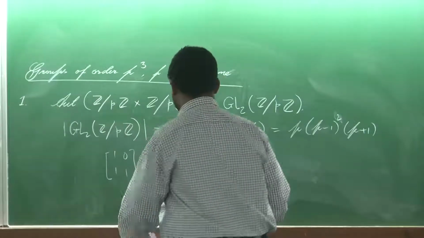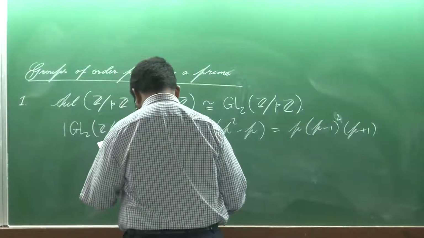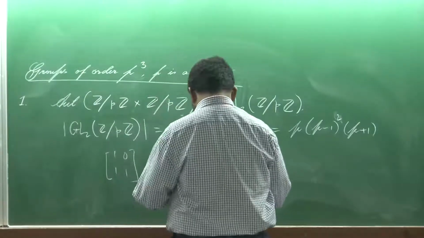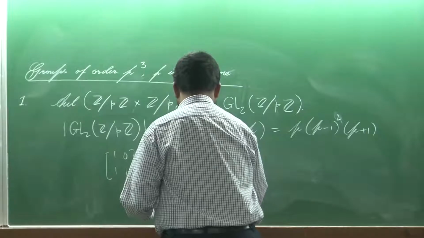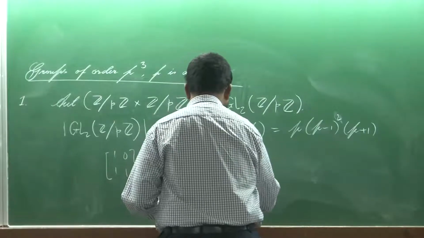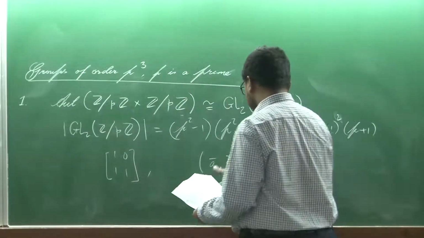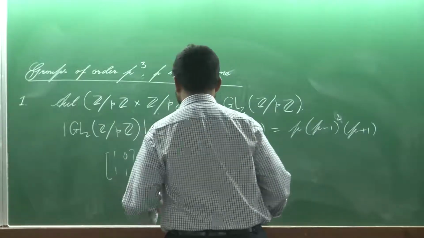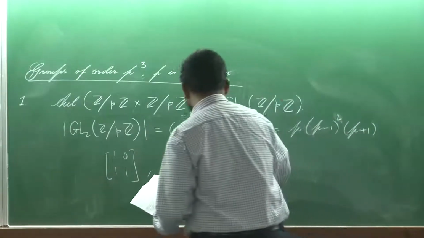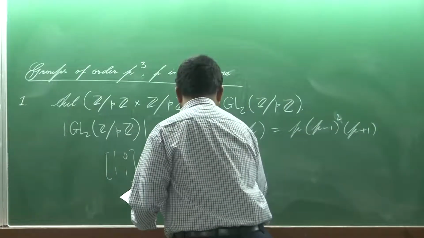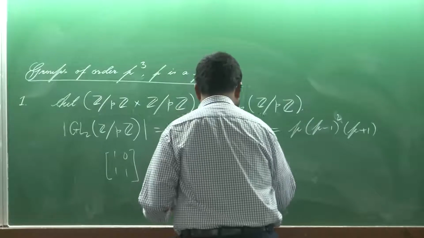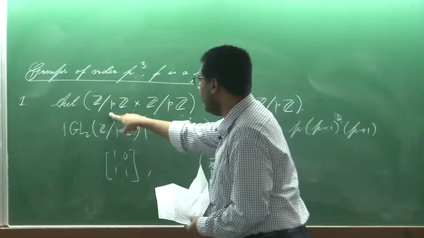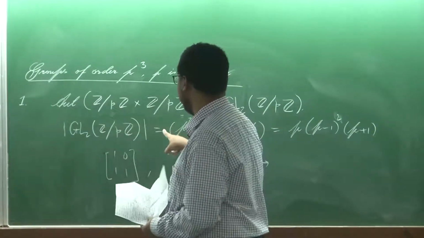So what is the automorphism? Any typical element, let us say M comma N, goes to, so how do we see it? What are the generators of this vector space?